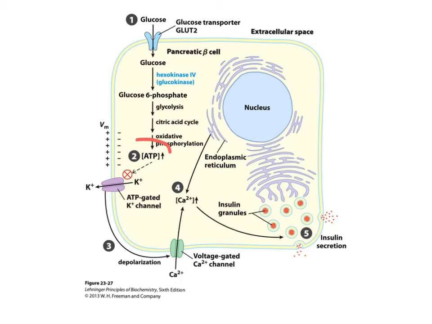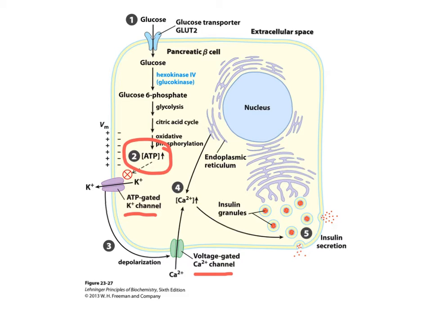This increase in ATP is going to cause a closing of our ATP-gated potassium channels, triggering a depolarization of the cell that opens our voltage-gated calcium channels located at the bottom of the slide.